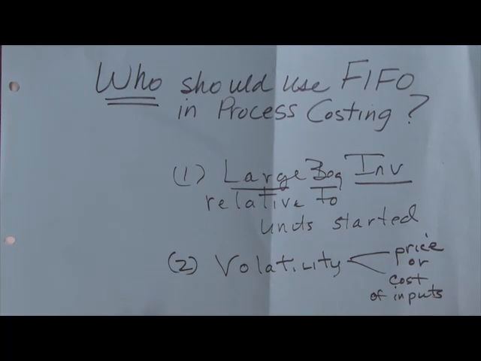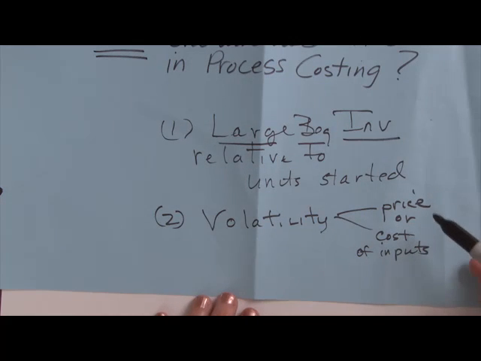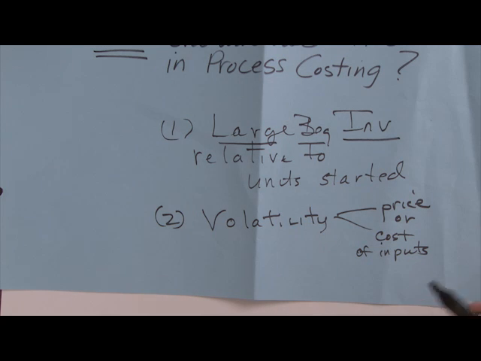Secondly, if we have a company where either the price of the units produced or the cost of the inputs to produce these units is very volatile and subject to change, it would be much better to use FIFO because we're able to separate the cost of this period from next period.